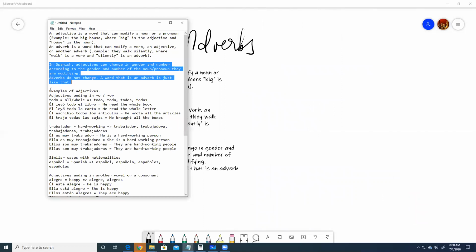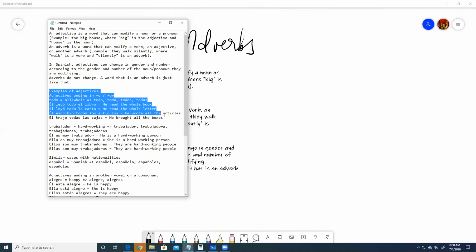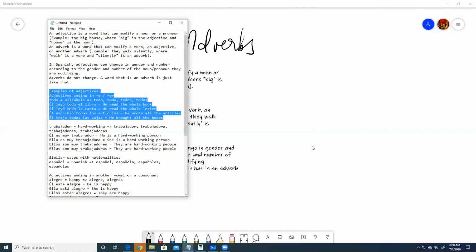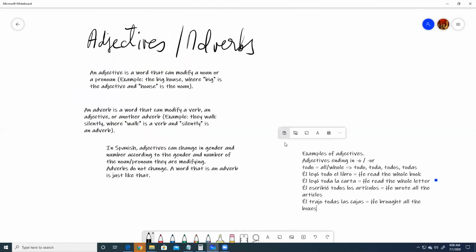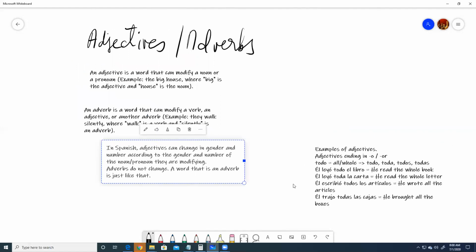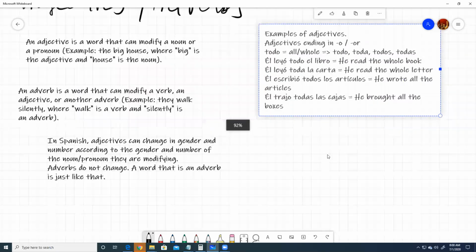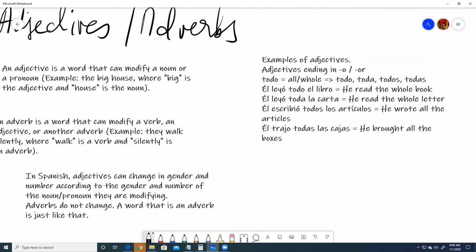Okay, let's see some examples of adjectives in Spanish. Okay, you can see that in Spanish, adjectives ending in o can have 4 variations.